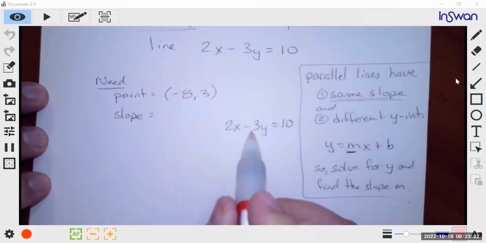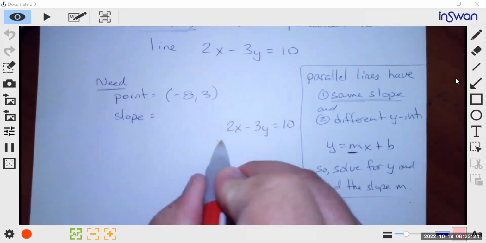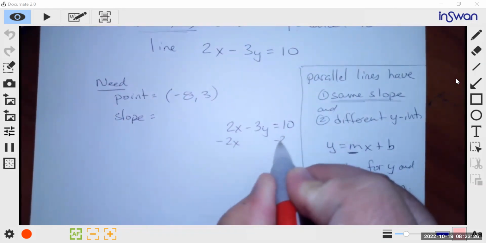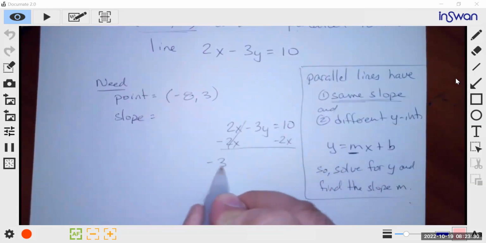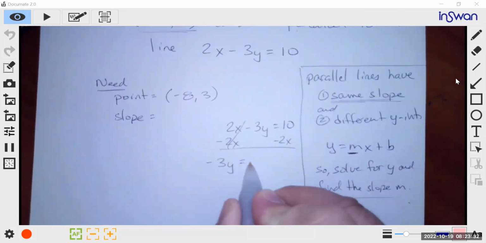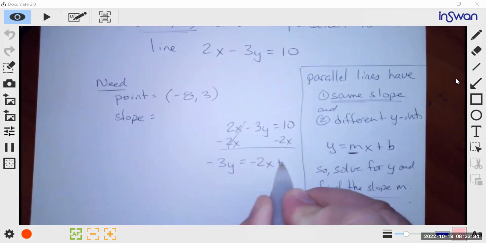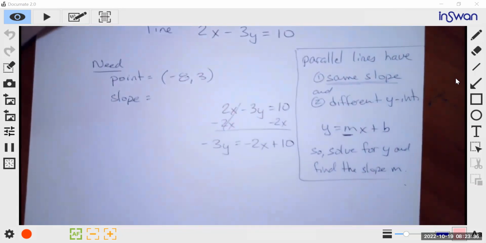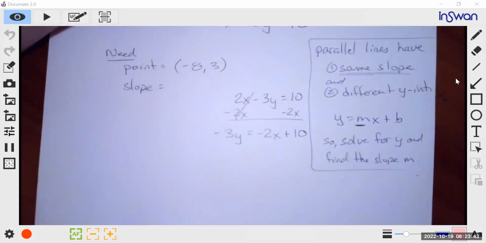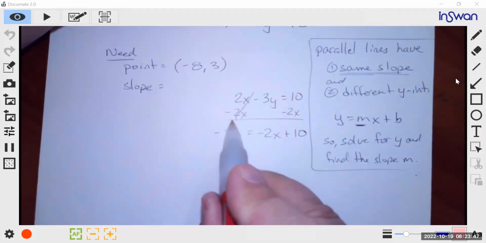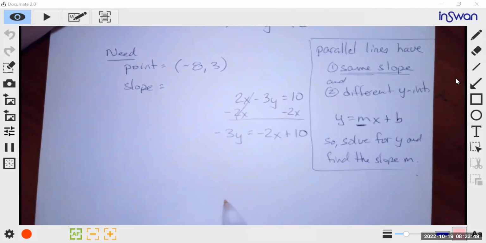So we have to find the slope of this line. Subtract 2x from both sides. So get rid of the 2x first.